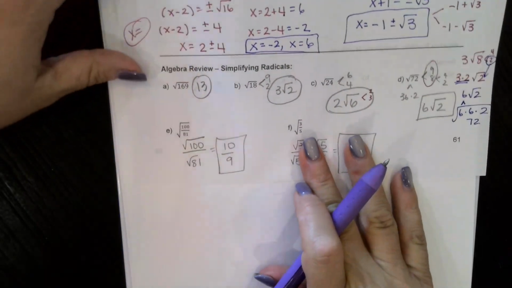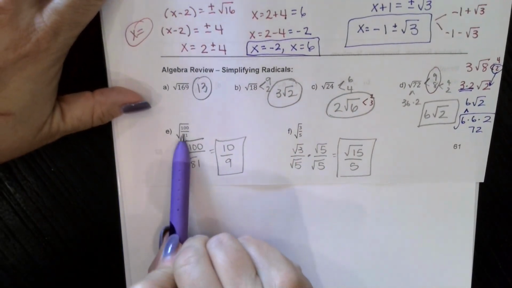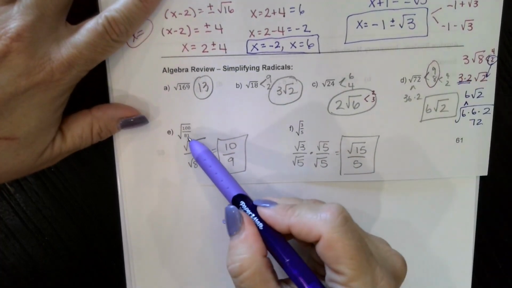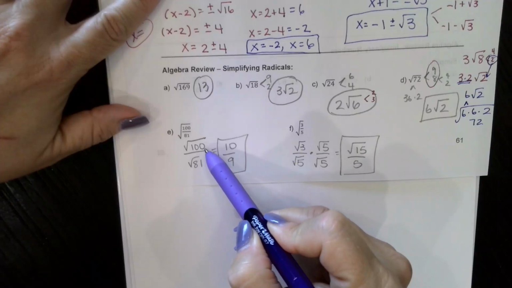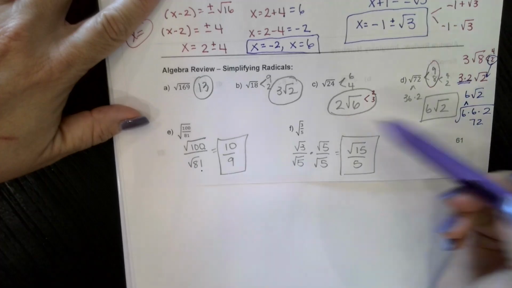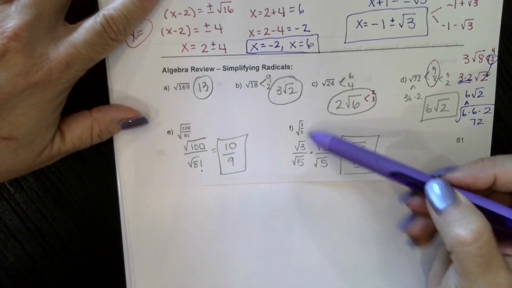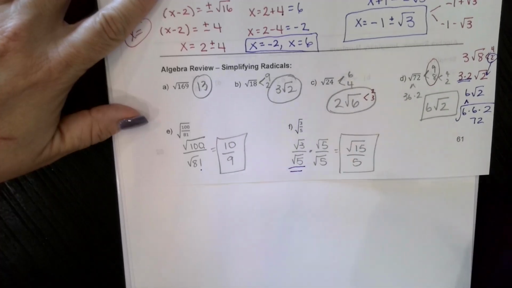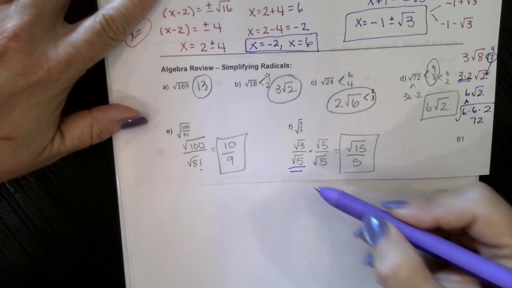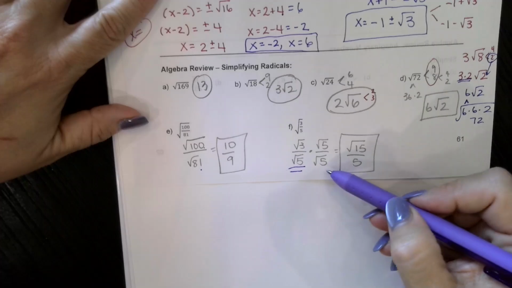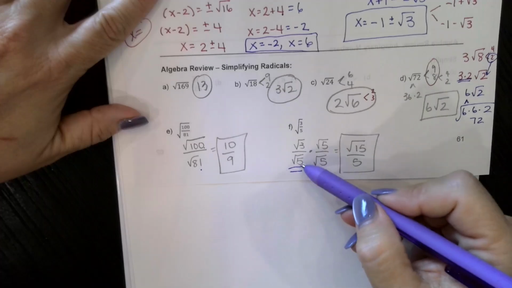Okay? All right, this looks funky because it's a fraction inside the radical, but this just means you separate it. Take the square root of the top, the square root of the bottom, and I get 10 over 9. With this one, I take the square root of the top, I take the square root of the bottom, and unfortunately, that means I have a radical in the denominator. So we can't leave it. To clear the radical in the denominator, you multiply by the same value.